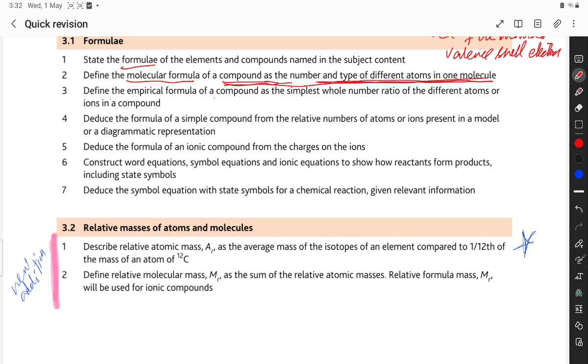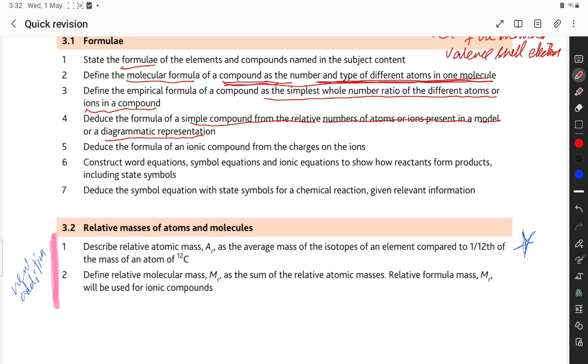This is the definition. Define the empirical formula of a compound: this is again a definition, the simplest whole number ratio of the different atoms or ions in a compound. Deduce the formula of a simple compound from the relative number of atoms or ions present in a model or diagrammatic representation. Please write down, this is the definition. All definitions are written over here.